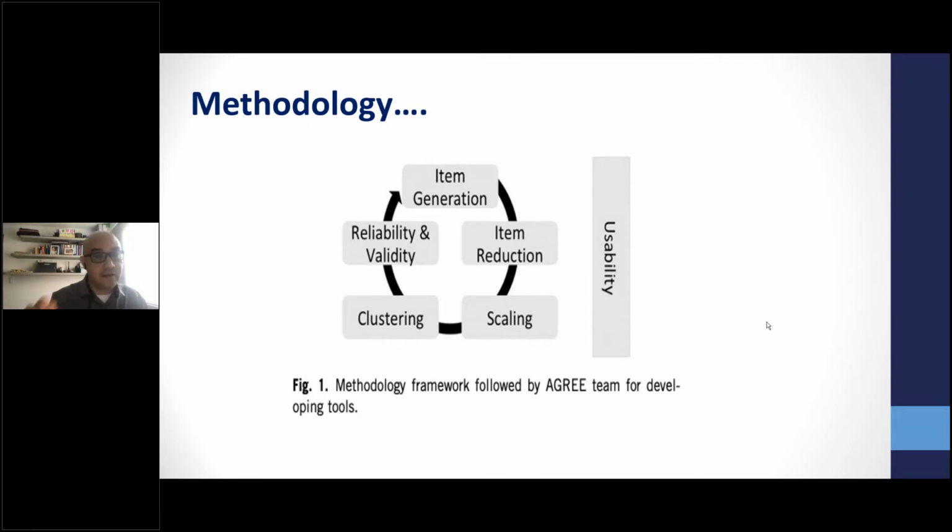This reliability and validity process puts us in a cycle in which we refine the tool to find the best tool for the specific purpose, and we arrive at the final tools, as I am going to mention. During all this process, we also have a usability process, in which we ask users how they feel about the tool and what should be improved. So this process is followed in all the tools that I'm going to mention. Next, please.